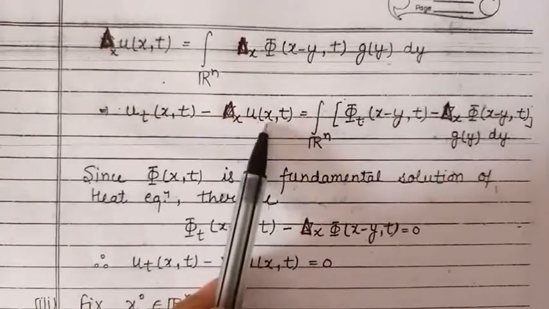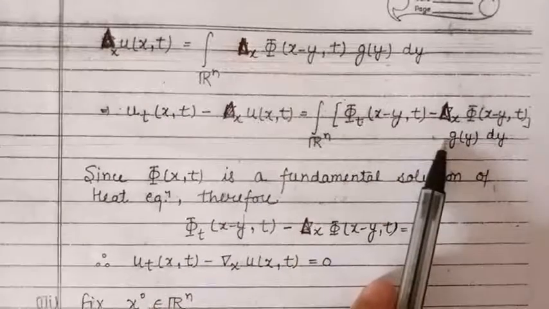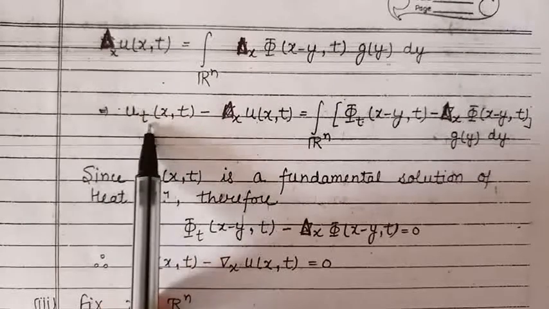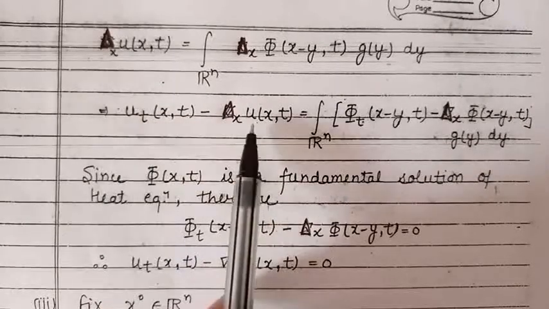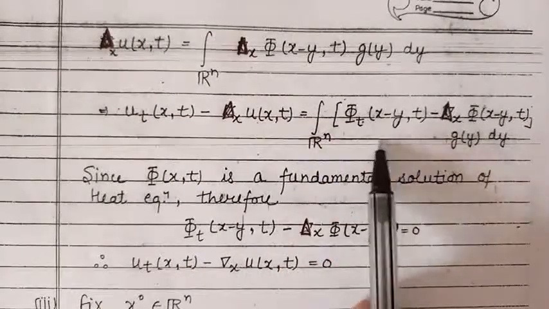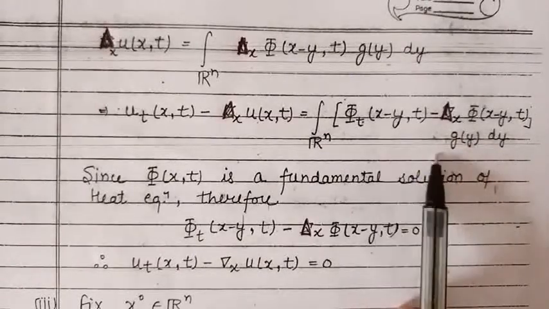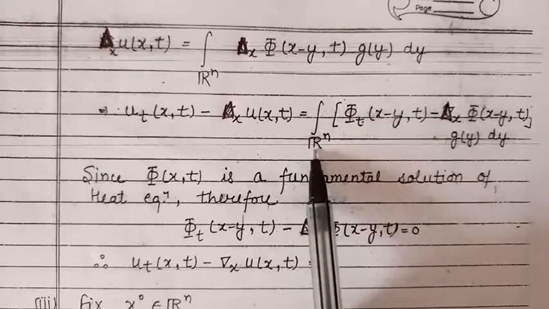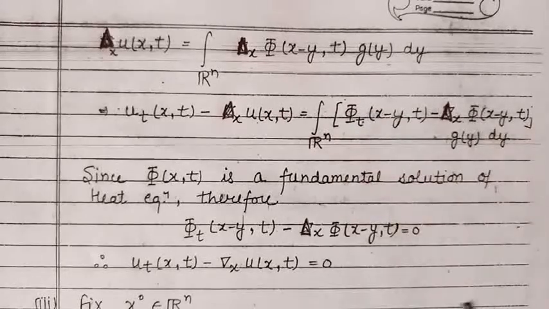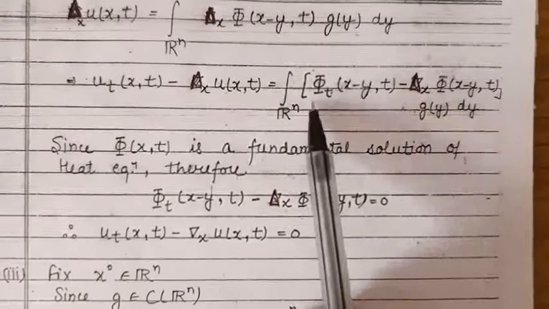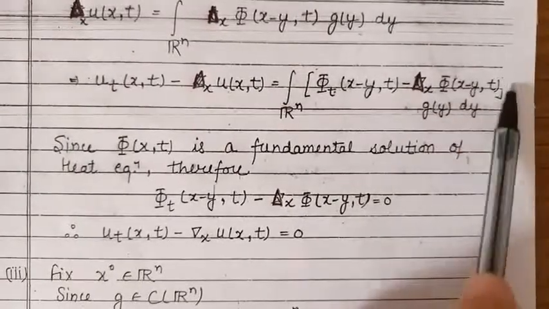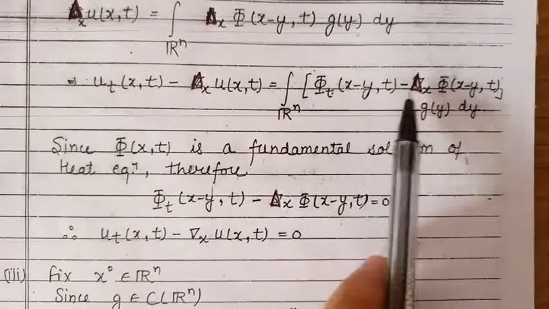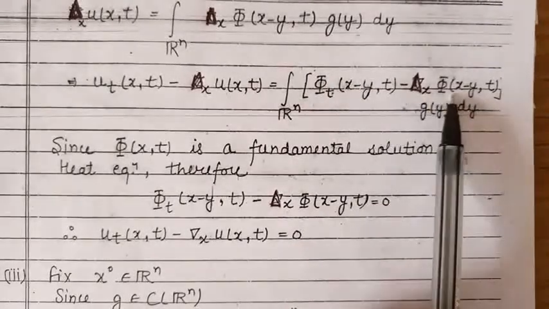Now let us find ut minus Laplacian of u. Putting the values of ut, meaning the partial derivative of u with respect to t, and the Laplacian of function u, we have substituted both the values and combined both integrals into one integral. Now you can see that the integrand inside these brackets has the expression phi t minus Laplacian of phi.